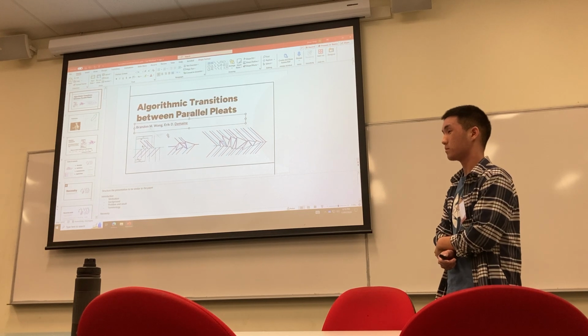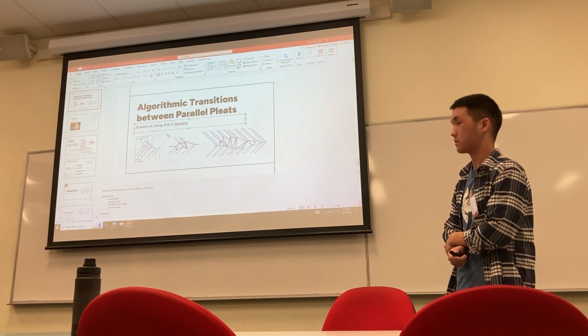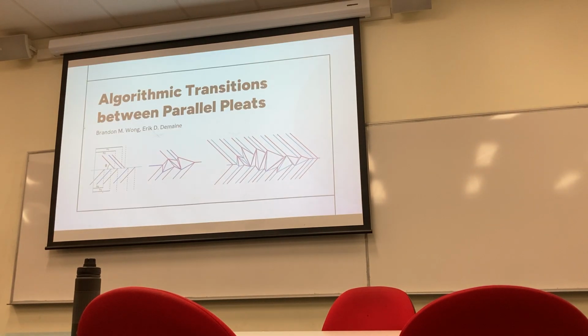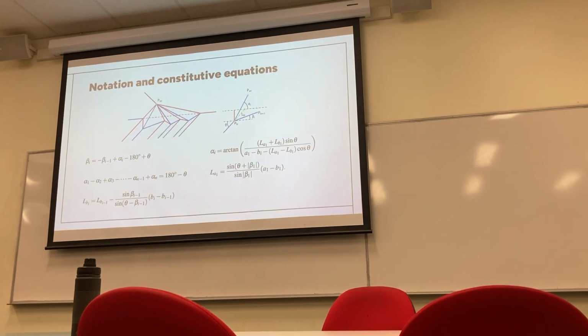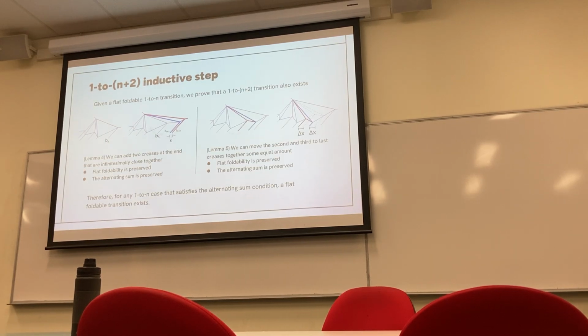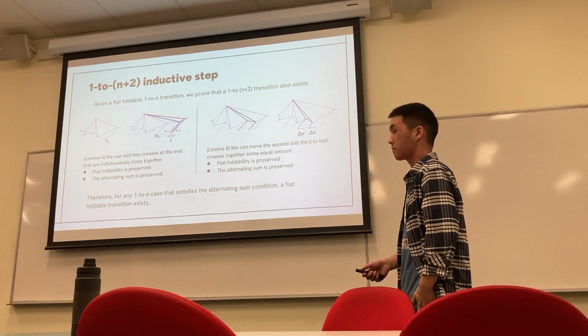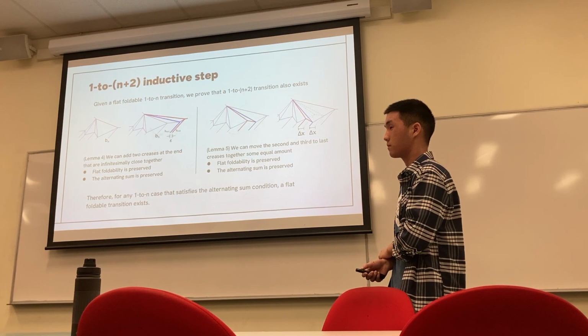There was one slide where you were talking about the two overlapping creases, and then moving one of the two overlapping creases with an adjacent one. Could you have chosen one of the overlapping creases, say a mountain fold, and any of the other valley folds?